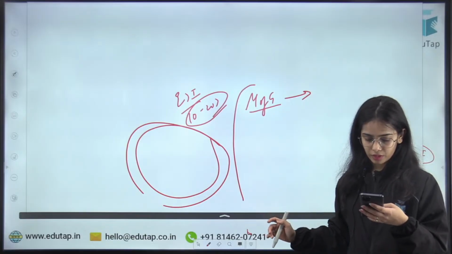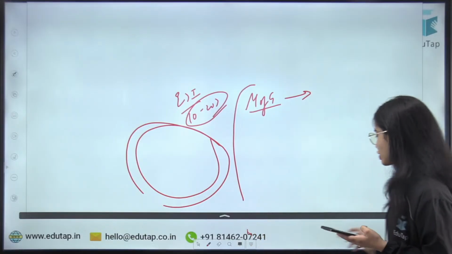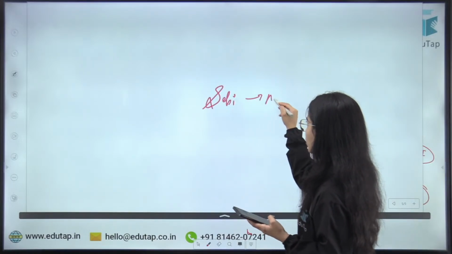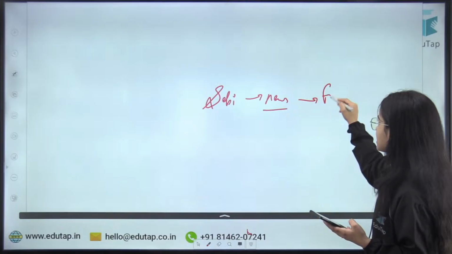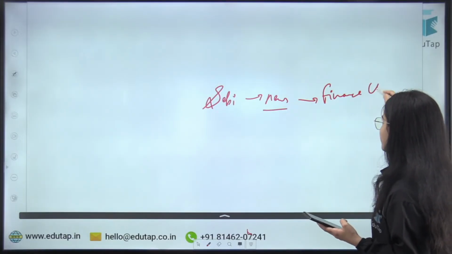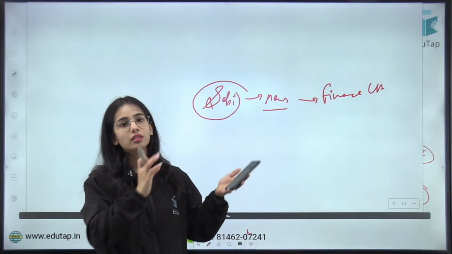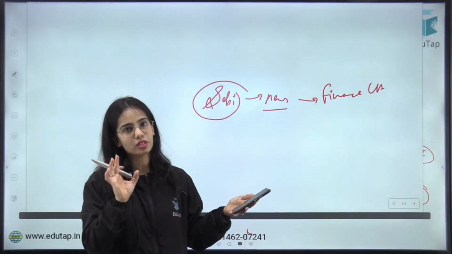SEBI related notification, I have told you that SEBI related news articles are important. That is a part of finance current affairs. So SEBI related news articles are under the finance current affairs section.